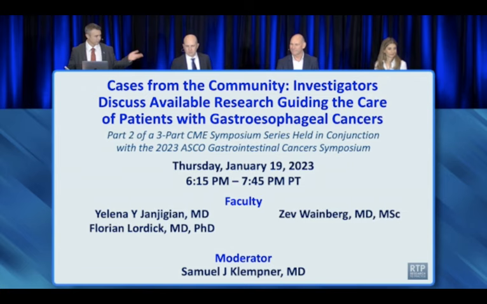The second case is a patient of Dr. Ranju Gupta, who's treating a 61-year-old man with 70-pound weight loss and locally advanced high-grade neuroendocrine carcinoma of the distal esophagus. This is a 61-year-old man who does not like to go to doctors, so he has no past medical history, excellent performance status, worsening dysphagia, 70-pound weight loss in the last 6 to 9 months.